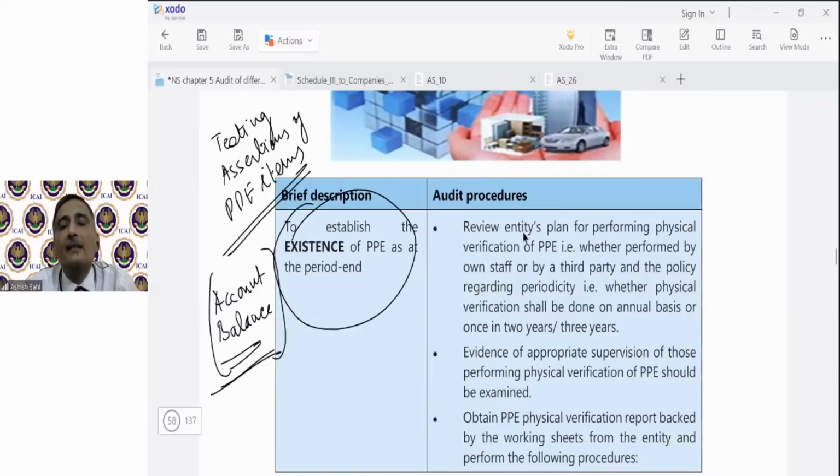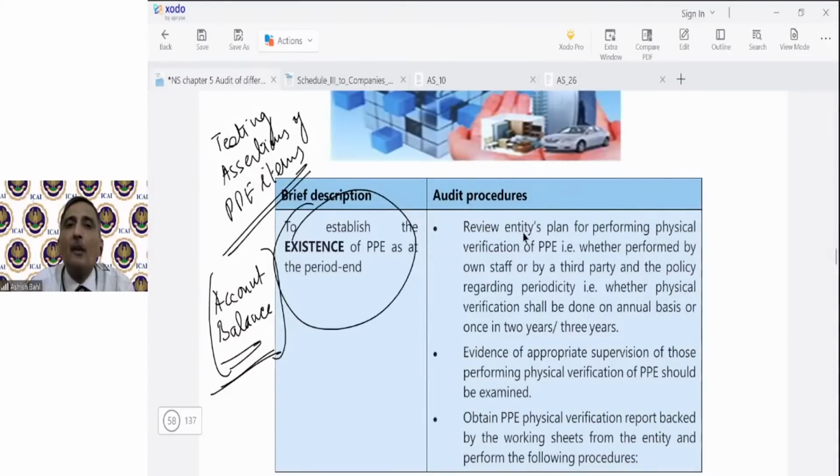Okay, it would be sufficient if he reviews the company management's plan of carrying out the physical verification. And if the management has conducted physical verification at reasonable intervals, then it's okay.